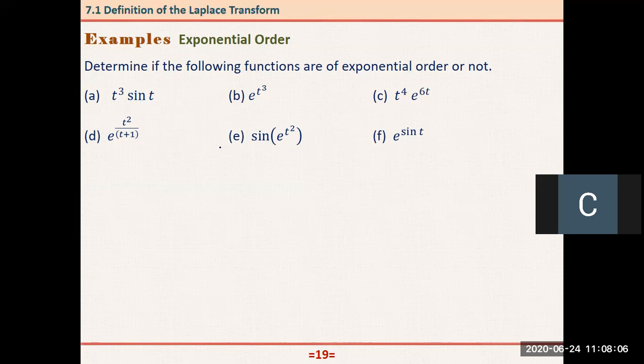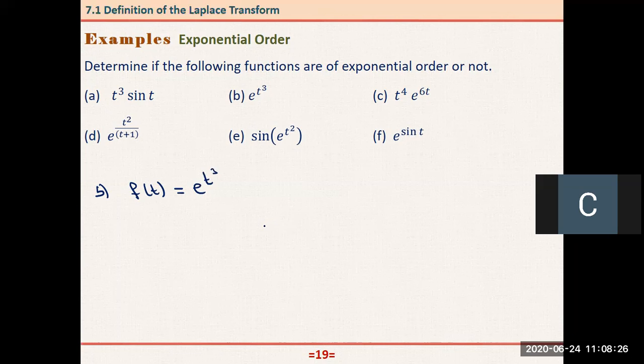I'll leave these as an exercise for you. Let me just do one example. Here, b: our function is f of t equal to e to the power t cubed.